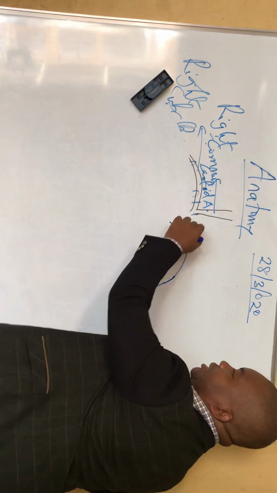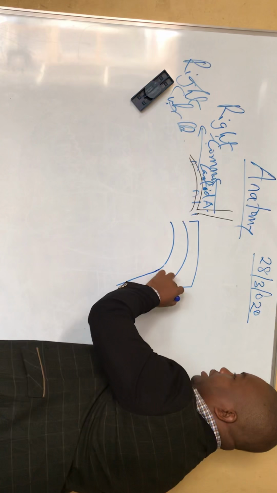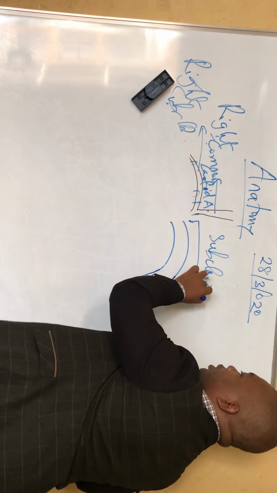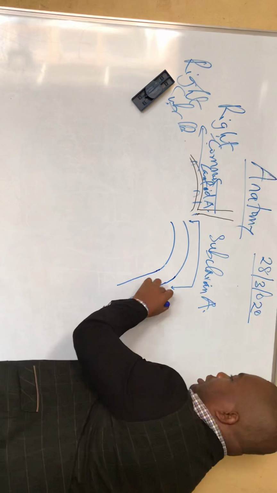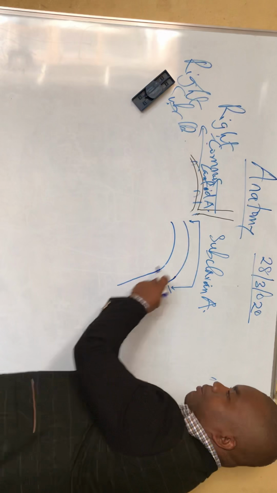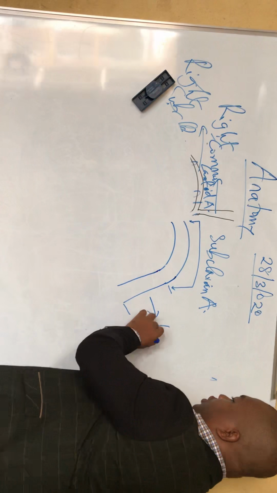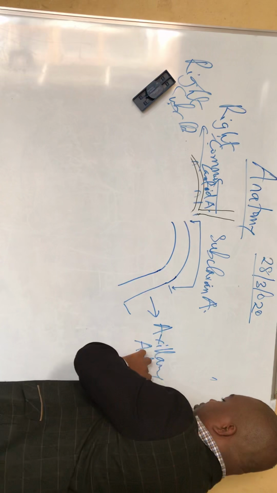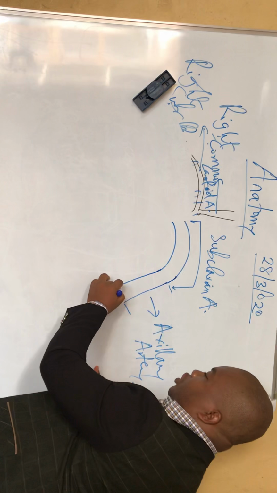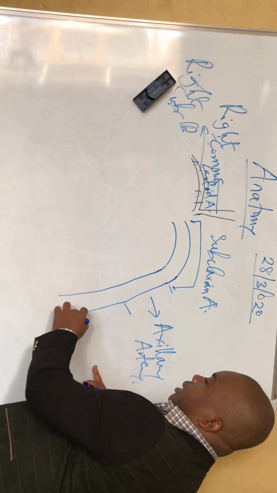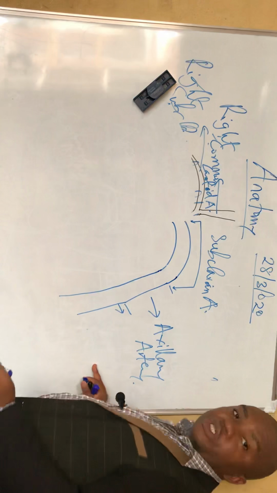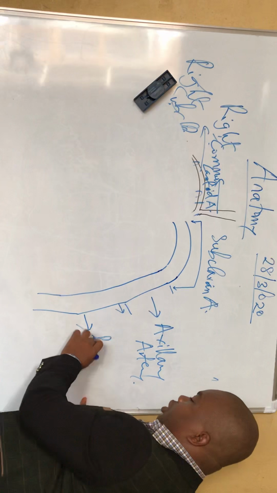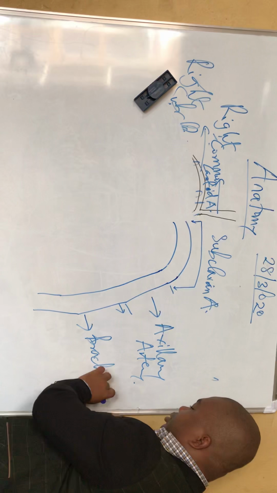So at a certain stage the artery is called subclavian, then later the same artery changes its name to become the axillary artery when it enters the axilla. At the outer border of teres major, the same artery changes its name to the brachial artery.